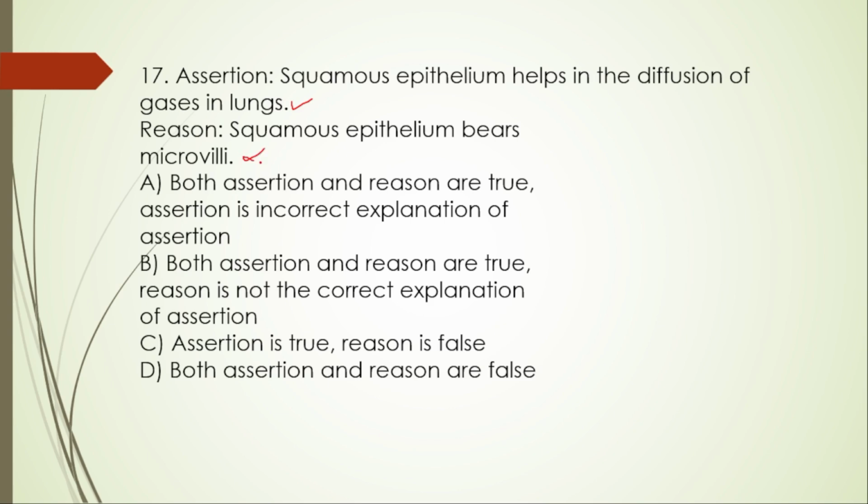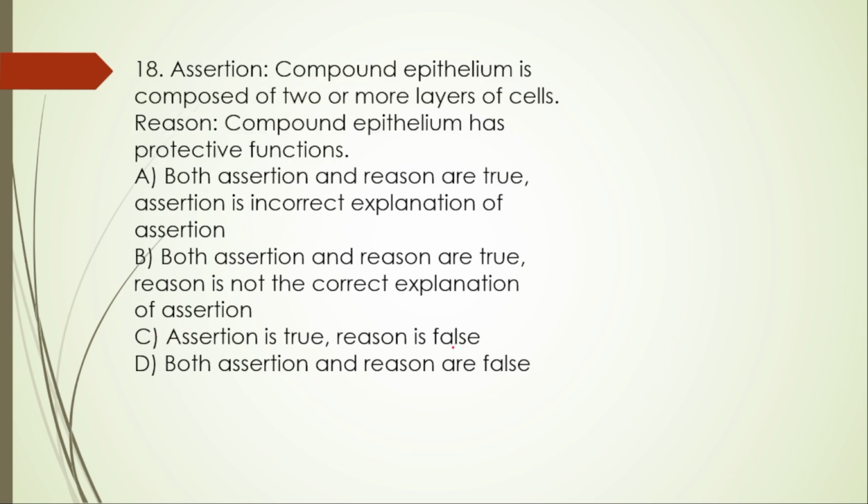This one is wrong, because microvilli are finger-like projections used to increase the surface area for absorption. They are characteristic of columnar and cuboidal epithelium, not the squamous one. So this reason is wrong, and the right option is option C. Assertion is true, but the reason is wrong.